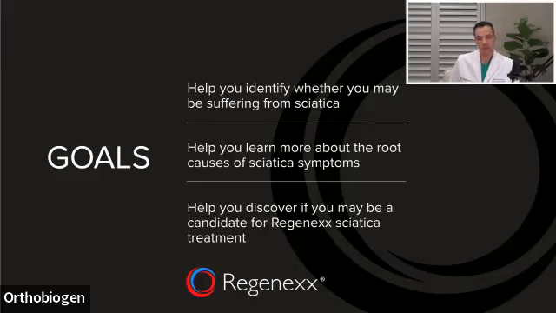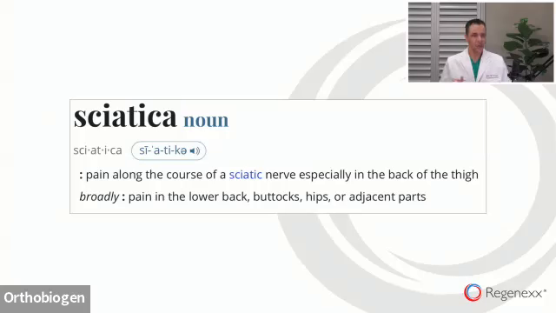So sciatica, what does that mean in terms of a definition? I took this straight from the medical dictionary that you can access online, I think the Merriam-Webster version. It talks about pain along the course of the sciatic nerve, which I'll show you shortly, because many people say, I'm not quite sure where that sciatic nerve is.